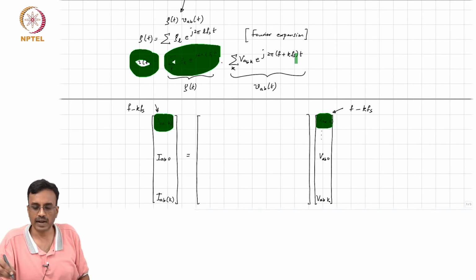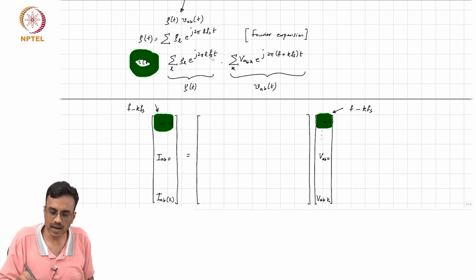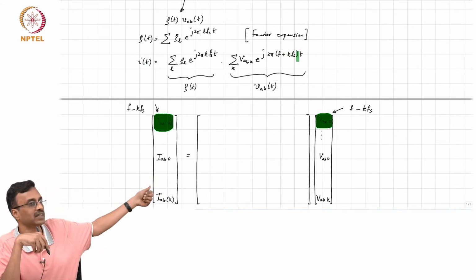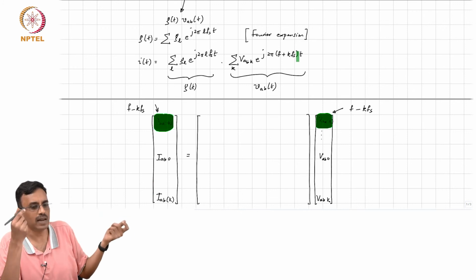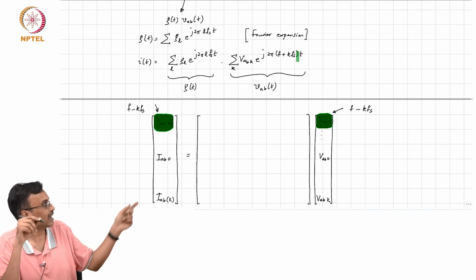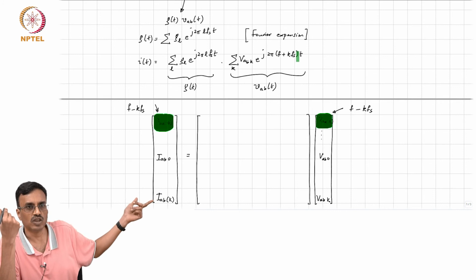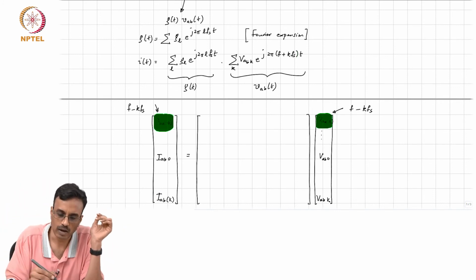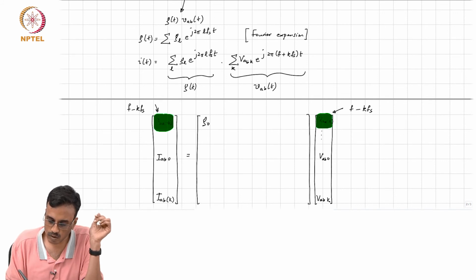So if the right hand side, I or V, has a frequency of F plus KFs and the left hand side has the same frequency, the only term that can cause it is the G0 term. Is that clear? Yes. Okay, so this is G0, very good.